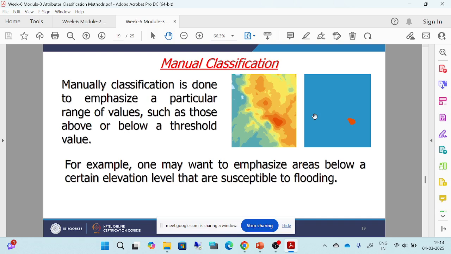So, sir has given an example in this with regard to one who may want to emphasize areas below a certain elevation level that are susceptible to flooding. For instance, if you consider the Himalayas, most of the time the flooding is contributed by snow melt also.